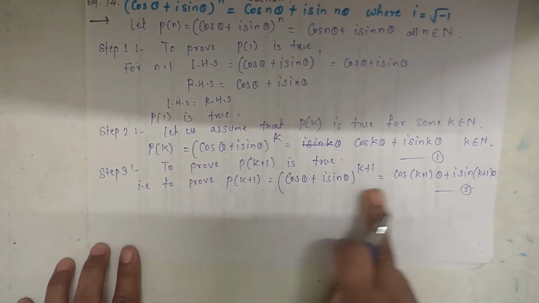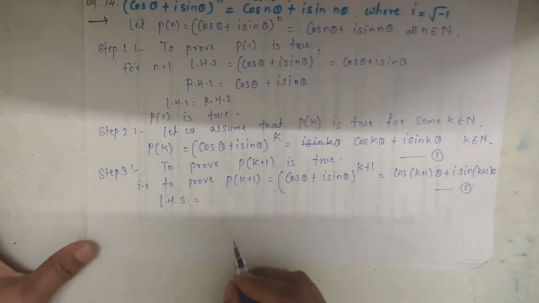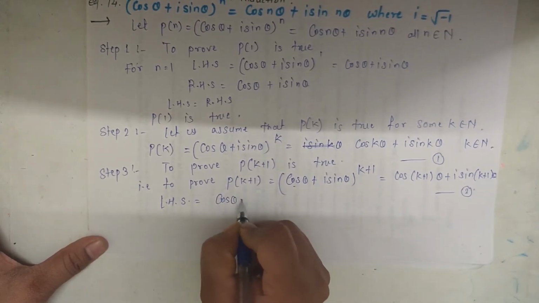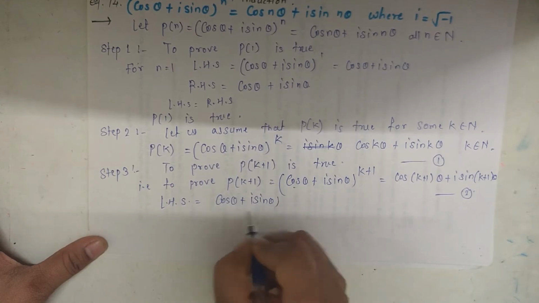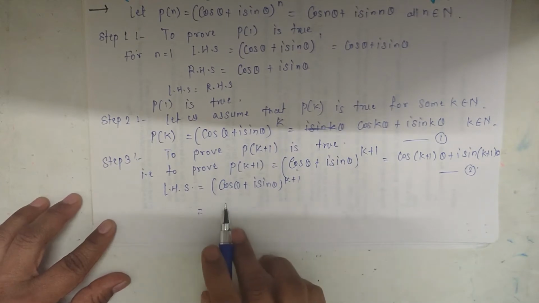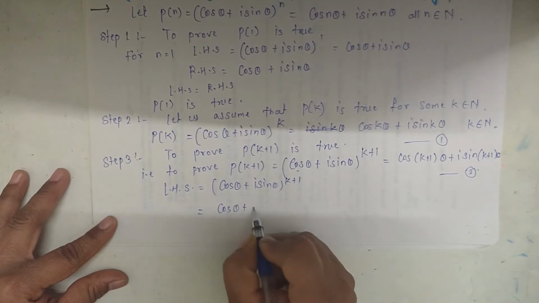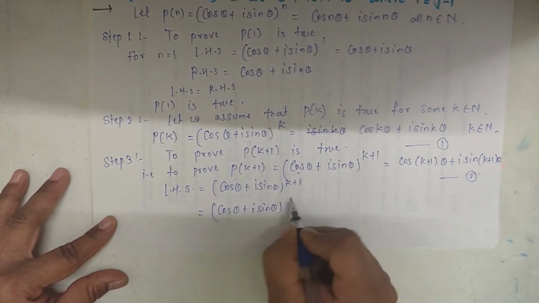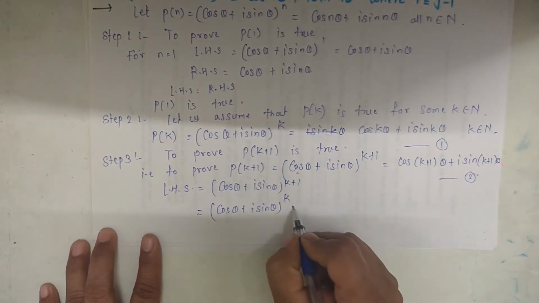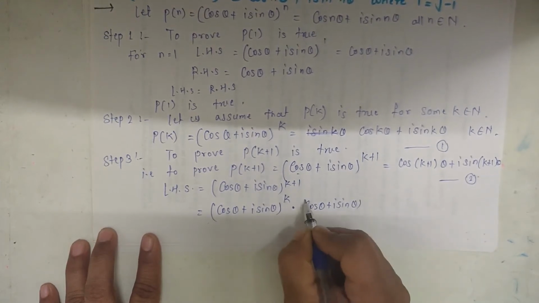Now for proving this, first take LHS. Here LHS is (cos theta + i sin theta)^(k+1). By separating the index, by rules of indices, we can write (cos theta + i sin theta)^k into (cos theta + i sin theta)^1.